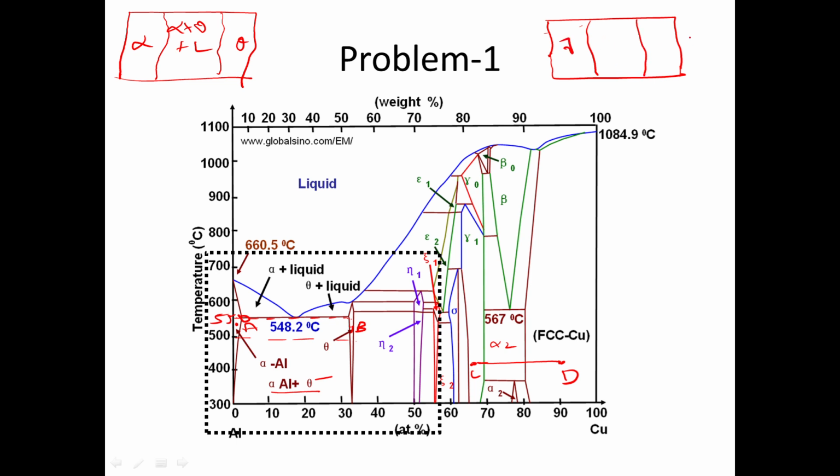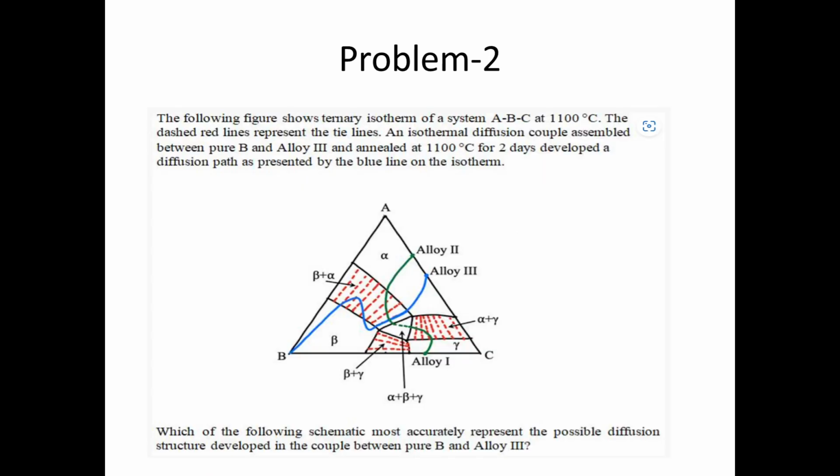This is gamma and this is FCC Cu, pure copper. Here in between these two, this will be gamma plus Cu. So this is analyzed using the binary phase diagram. Similarly, in the ternary diagram you can also use it, and we will learn about that in the upcoming series.